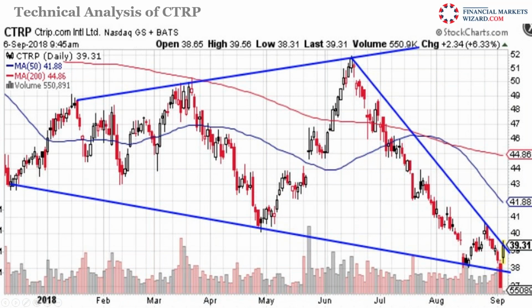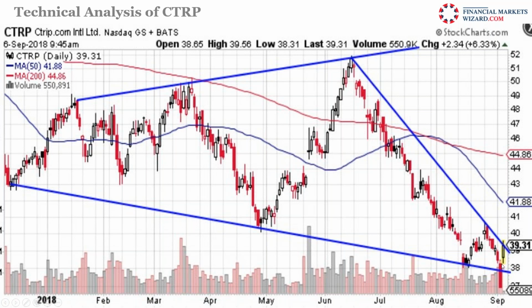Another one is CTRP. Sometimes a stock gives you the clue that it has reversed its trend, and now the new trend has begun. See how it crashed from 52 all the way to 37, and it reversed with a gap up.